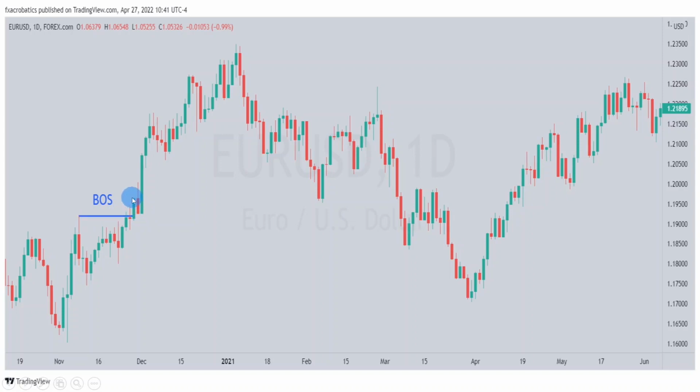Okay, we confirm a breakup structure. So we will remain bullish as long as price is closing above swing highs like that, breaking structure on the swing highs. It's another example. So swing high, this green candle here again closes above that swing high for the first time. That is a breakup structure. So we remain bullish.